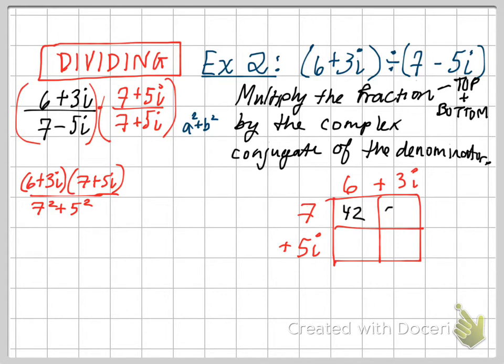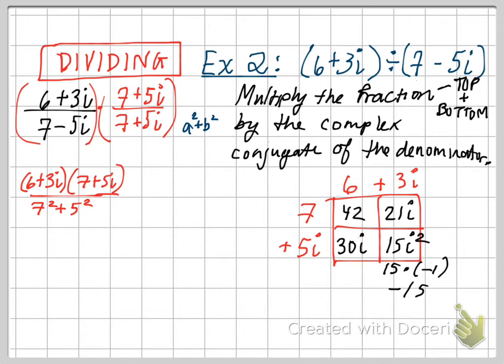I get 42, 21i, 30i, and 15i squared. That means really that's 15 times a negative 1, so that's going to become a negative 15.